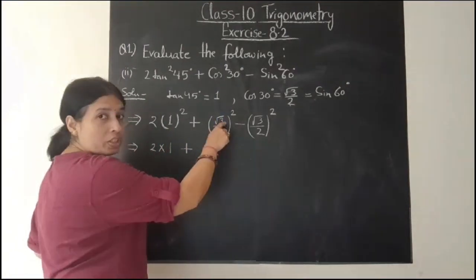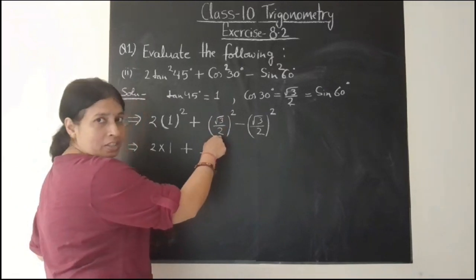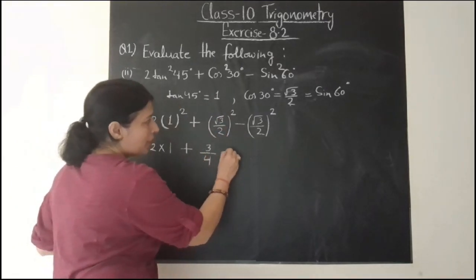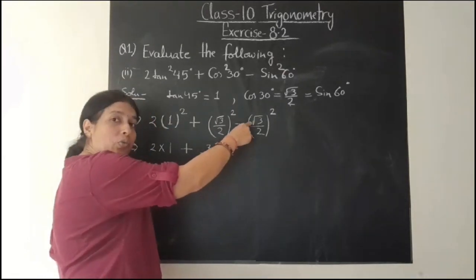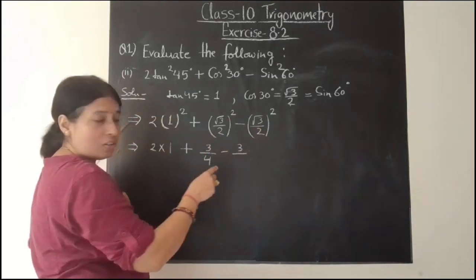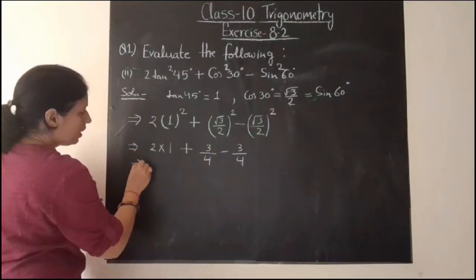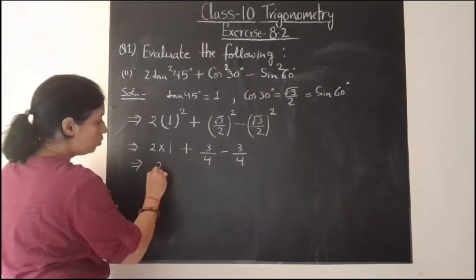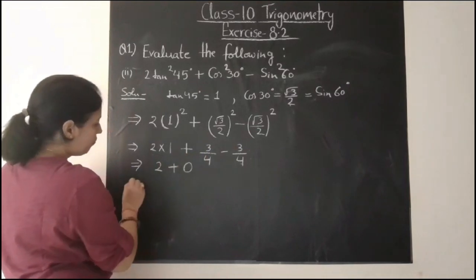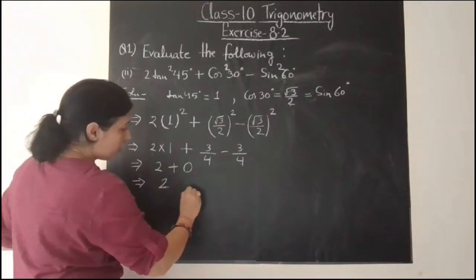Square of root 3 will be 3 and square of 2 means 2 multiplied by 2, so 4, minus again root 3 into root 3 will be 3 and 2 into 2 is also 4. So you can write 2 plus 3 by 4 minus 3 by 4 is equal to 0. So your answer is 2. This is your answer.